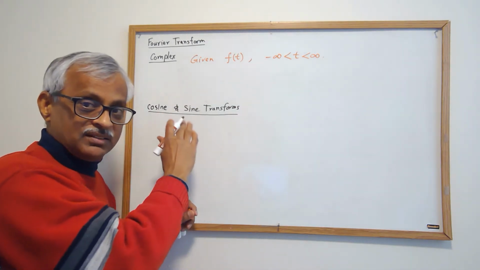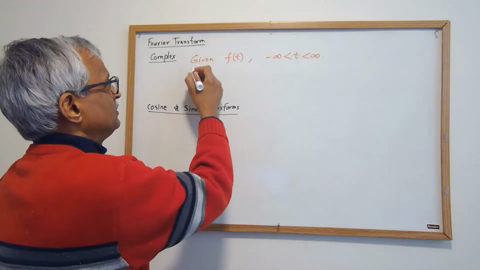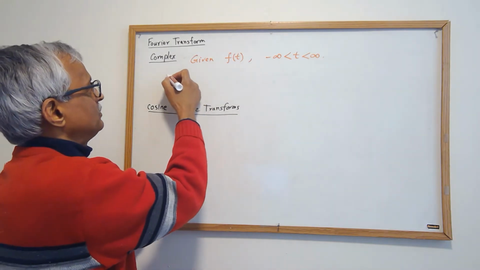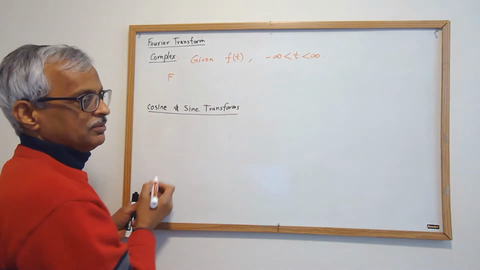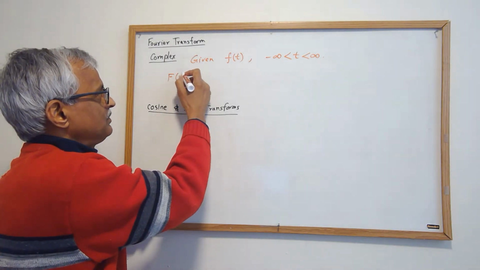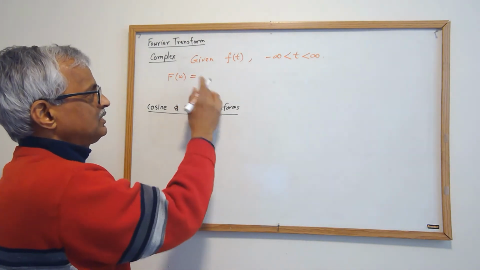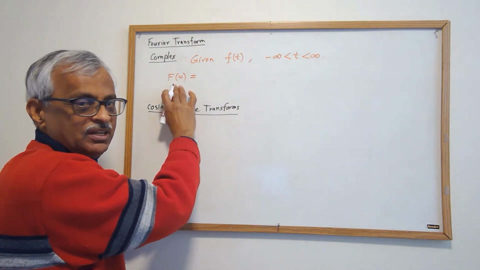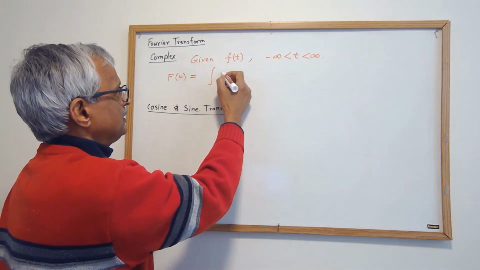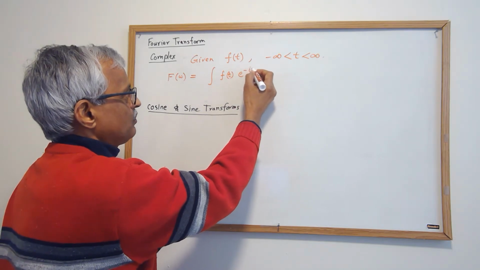We will define a Fourier transform of this function by an integral. We'll call the variable the frequency variable omega. Then this will define what f of omega is. F of omega will be this, f of t e to the minus i omega t.